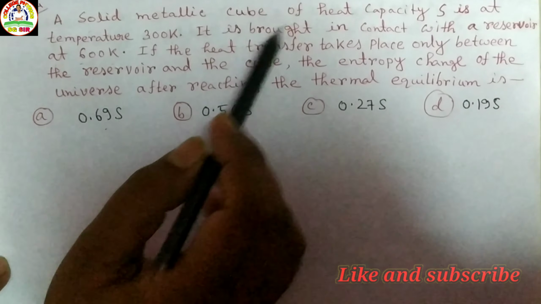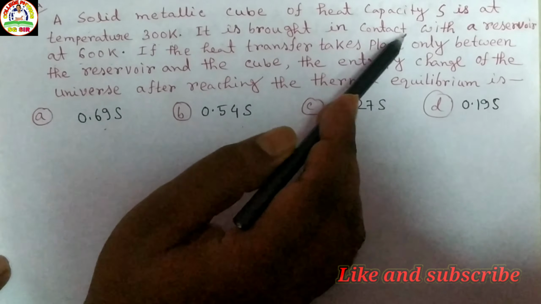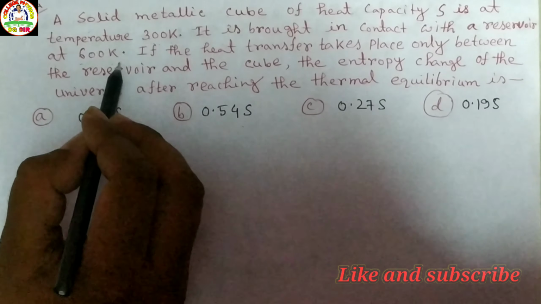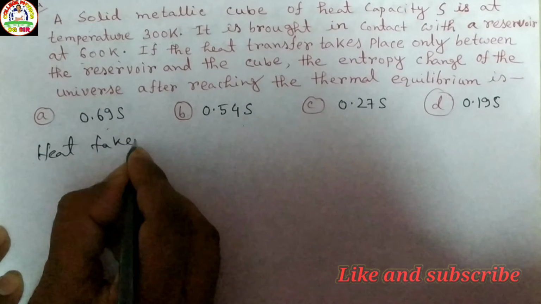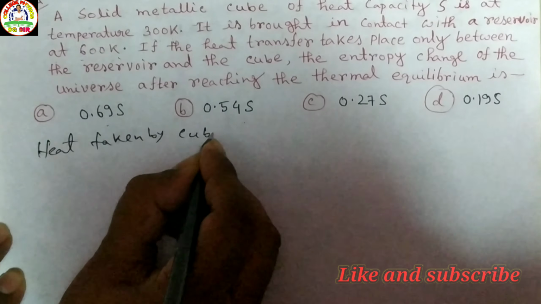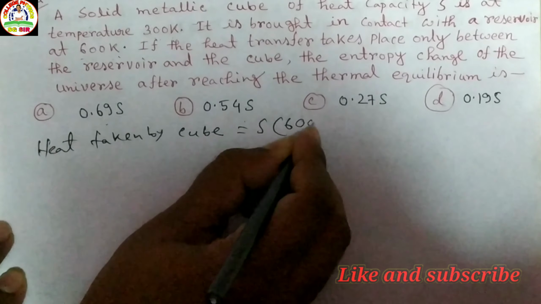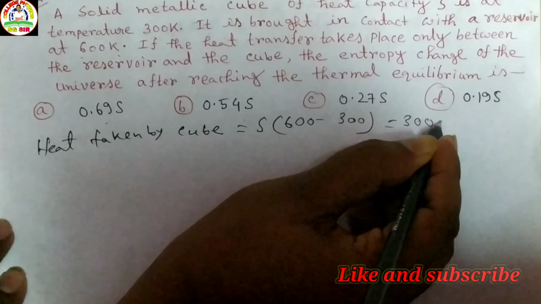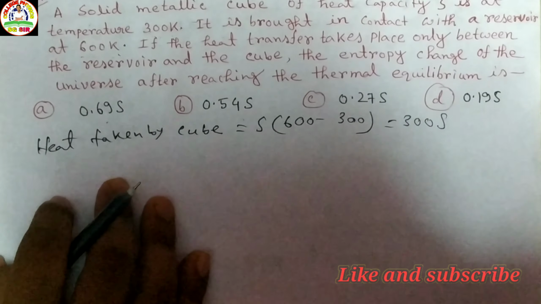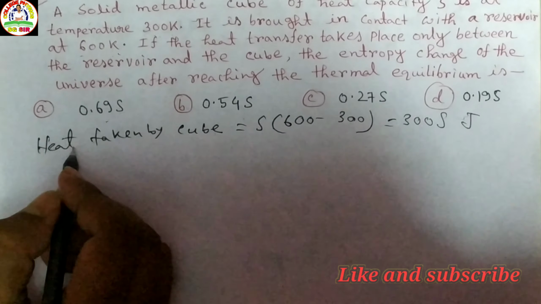So here the heat capacity is S at temperature 300 Kelvin, and it is brought in contact with a reservoir at 600 Kelvin. So we can write the heat taken by the cube, dQ equal to S into dT, meaning S into the temperature change, 600 minus 300, so we get 300S. This is the heat taken by the cube, its unit joule, so 300S joule.